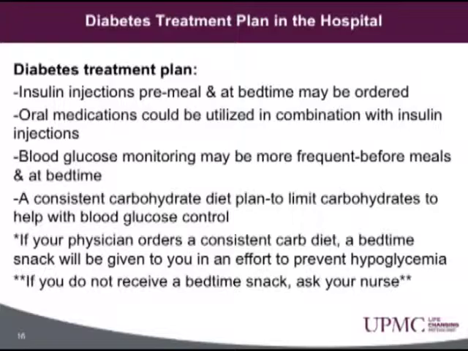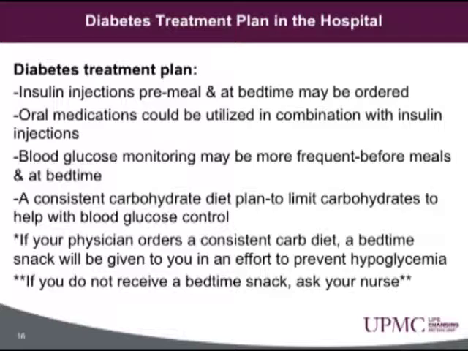If your physician orders a consistent carbohydrate diet plan, a bedtime snack is ordered in the hospital to prevent low blood sugars overnight, because we give insulin at breakfast, lunch, dinner, and bedtime in the hospital. A lot of people don't take insulin at bedtime at home, or the sliding scale or coverage insulin at bedtime.